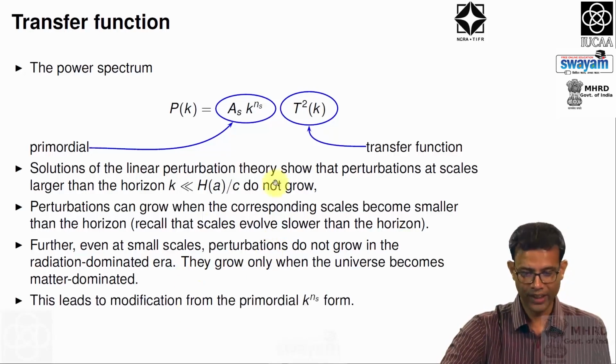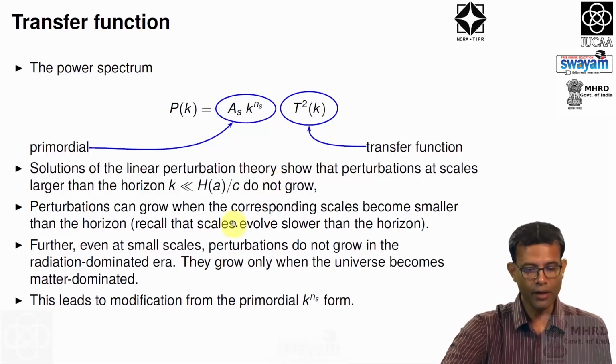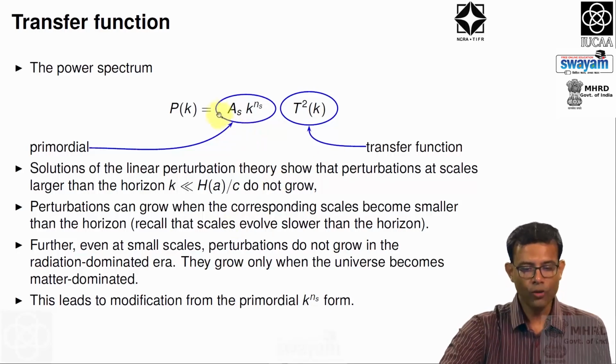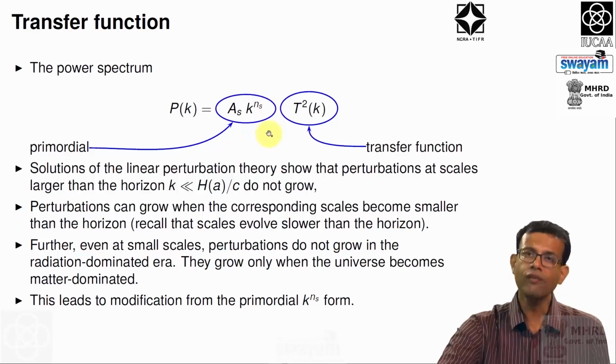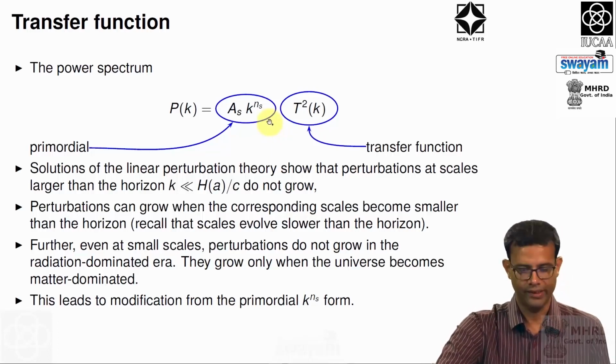Now, because different modes grow differently, it is not surprising that these effects will lead to modifications in the primordial part. If all the modes grew at the same rate all throughout, then the primordial form would remain as it is.